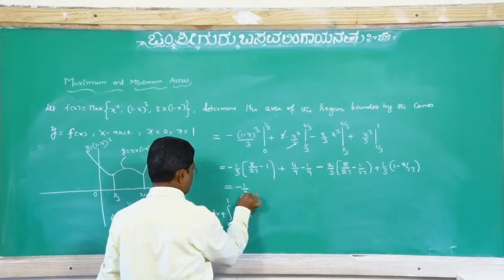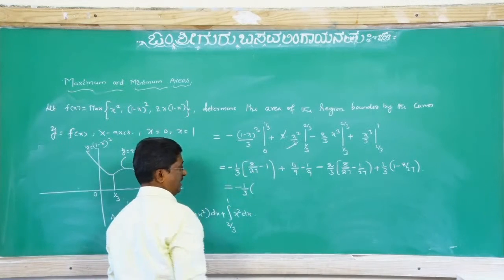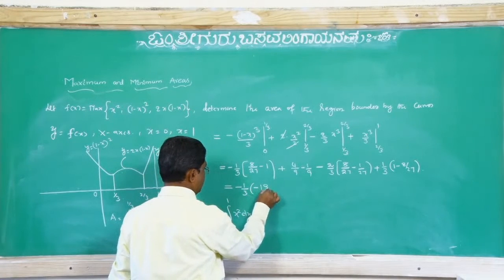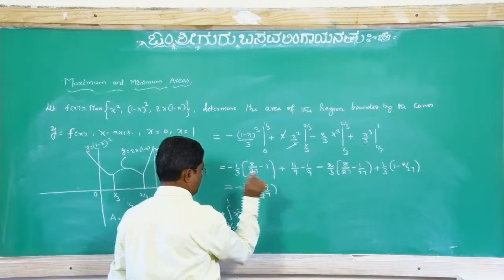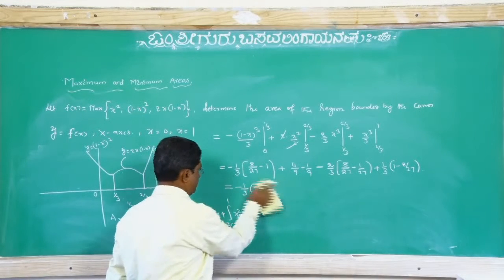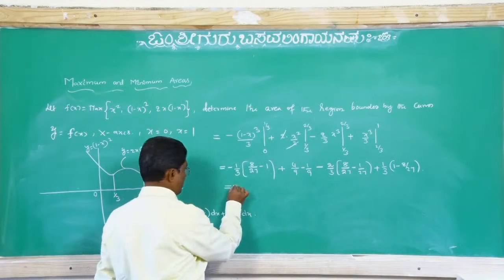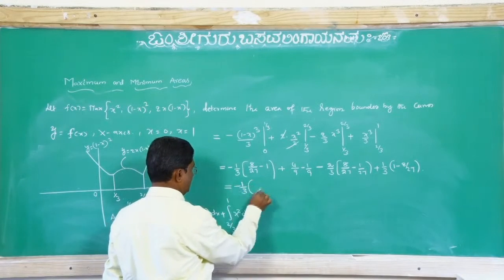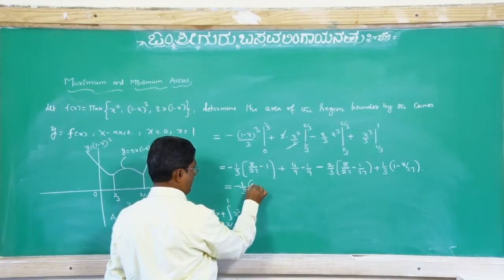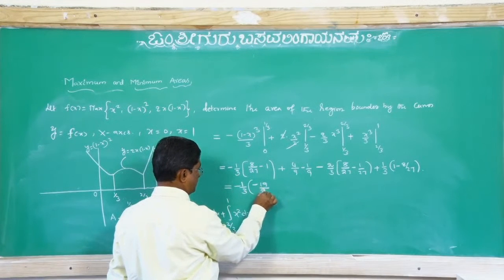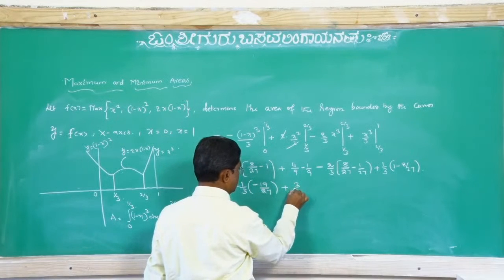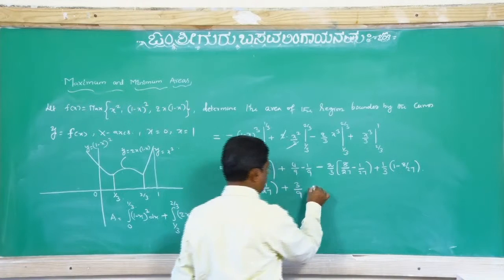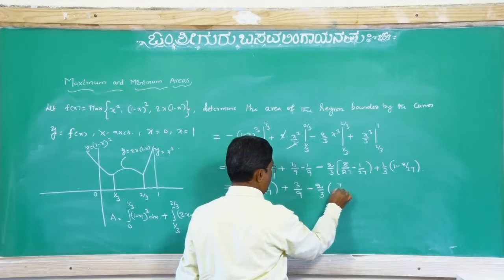Now this is 8 minus 27, minus 19 by 27. Minus 1 by 3 into 8 minus 27 equal to minus 19 by 27. So here 4 minus 1 equal to 3, 3 by 9, minus 2 by 3 into 8 minus 1 equal to 7 by 27.